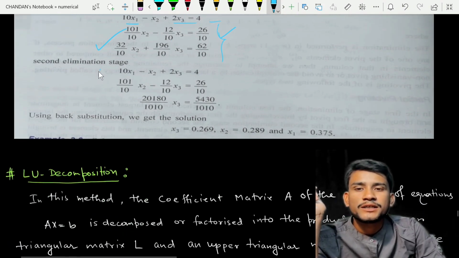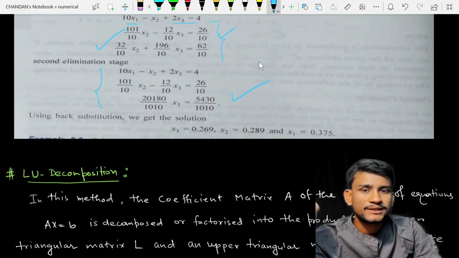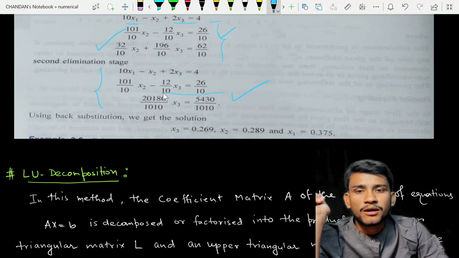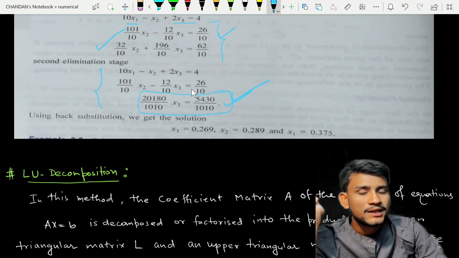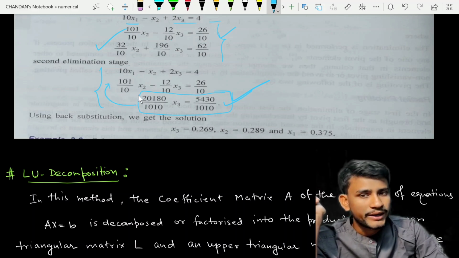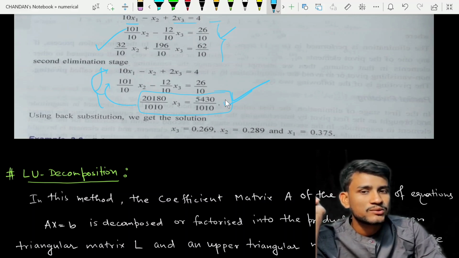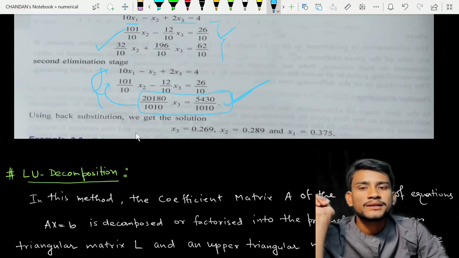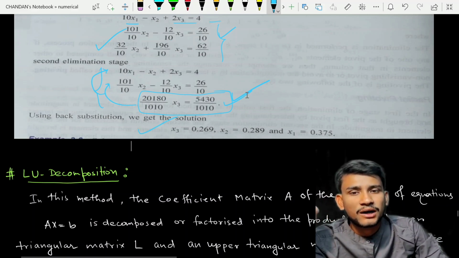Similarly, if we apply the second stage of elimination, then we get this one. Now we back substitute: from this equation we get the value of x3, then we put x3 into this equation to get x2, and then we put x2 and x3 in the first equation to get x1, and the solution is this one. So this is the simple Gauss elimination method.